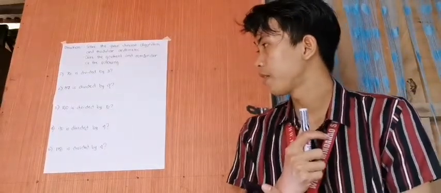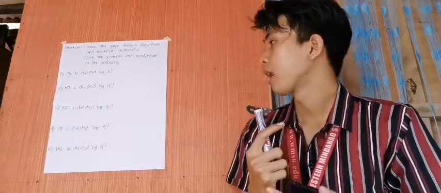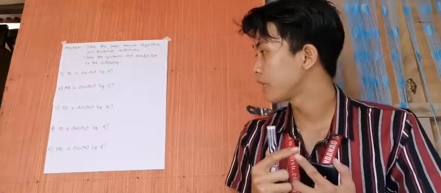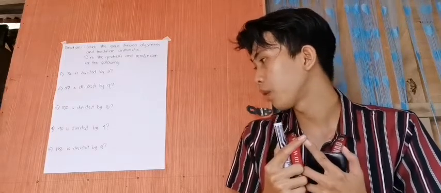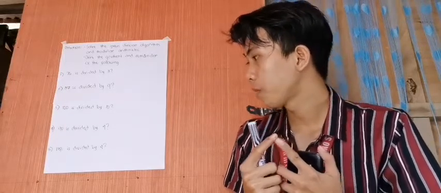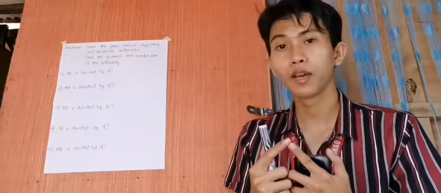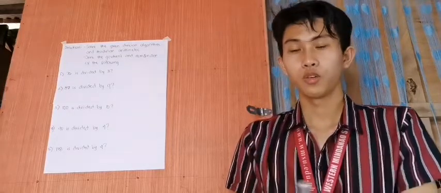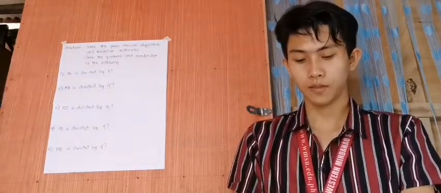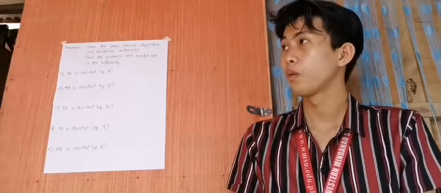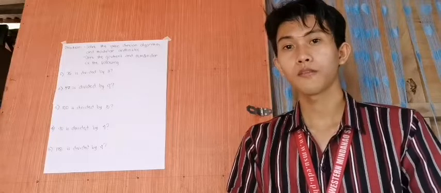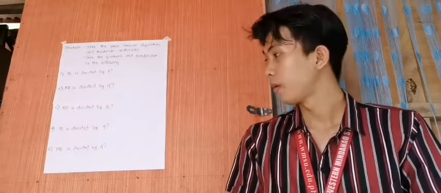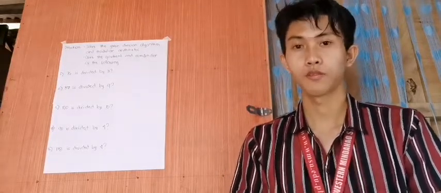Number 2 is 57 is divided by 9. Number 3 is 100 is divided by 10. Number 4, we have 90 is divided by 4. And for number 5, we have 178 is divided by 4. Your time starts now. We'll give you 5 minutes to answer this. After that, we will give you an assignment for tomorrow.